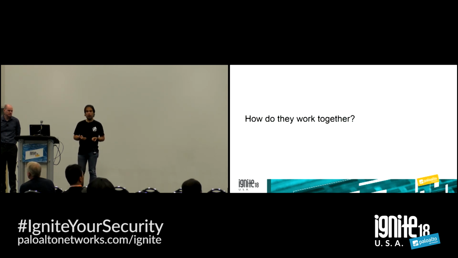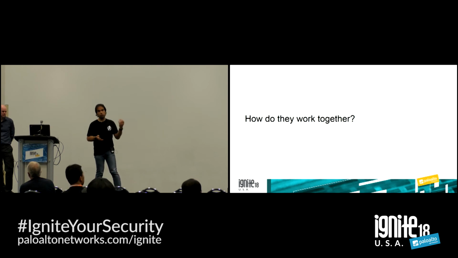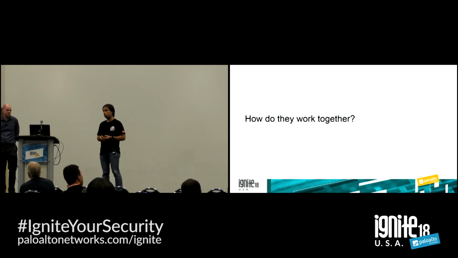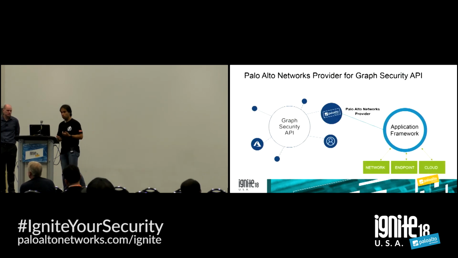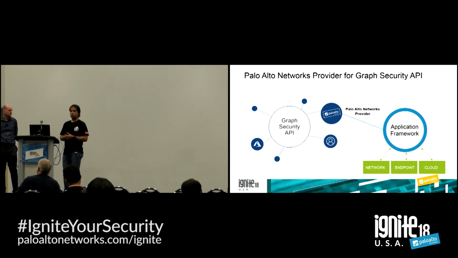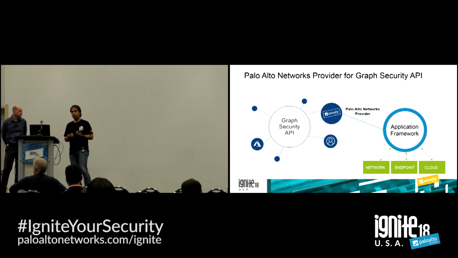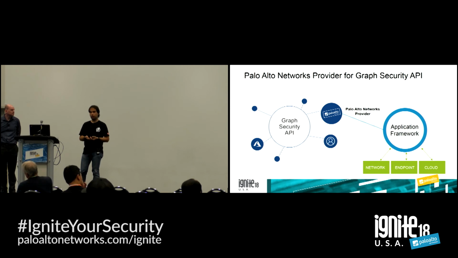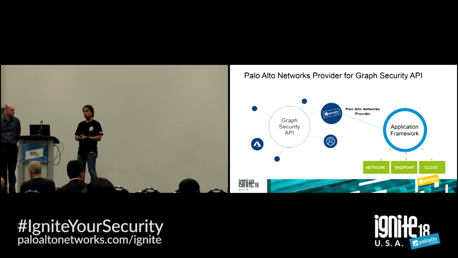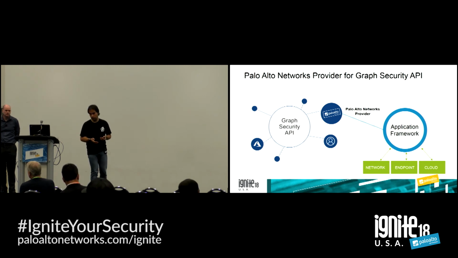So that being said, how do the application framework and the Graph Security API work together? We have APIs. Microsoft has APIs. How can we extract value out of this integration? The first thing we do is creating a provider, a Palo Alto Networks provider for the Graph Security API that is able to communicate with the application framework.